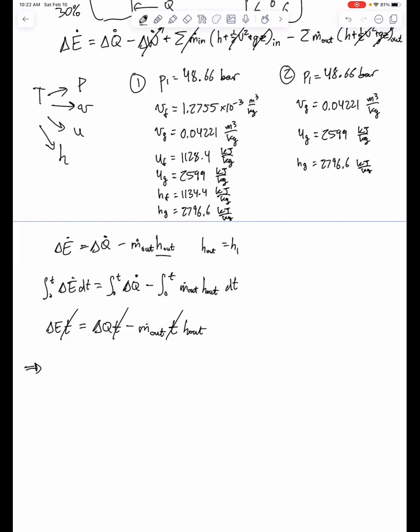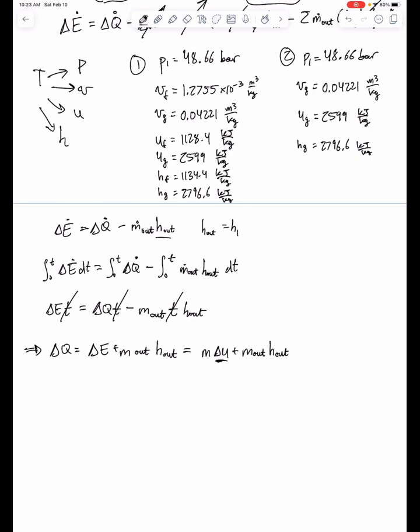I'm going to rearrange my equation. Expand that change in energy term. I move the dot.